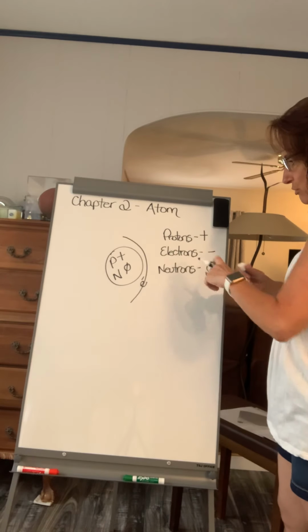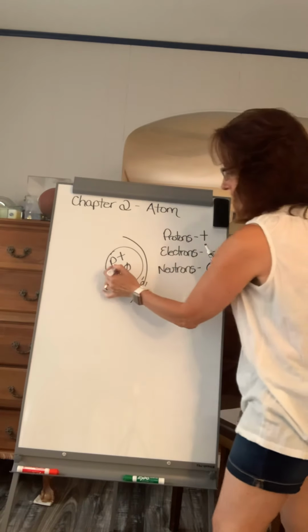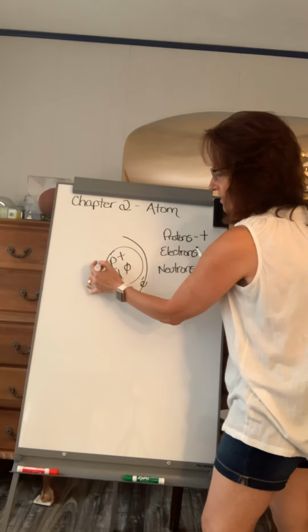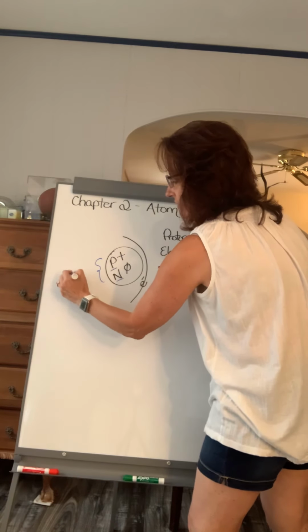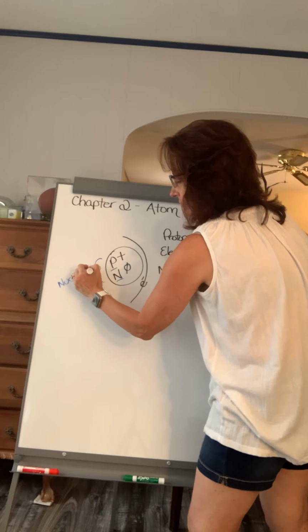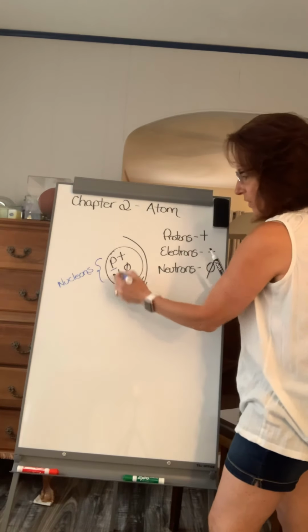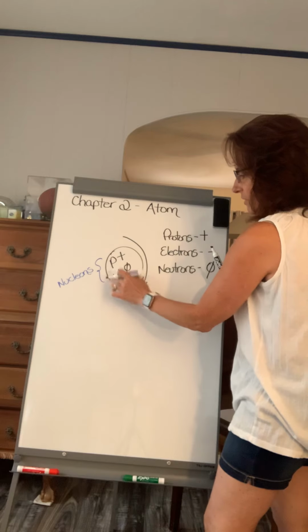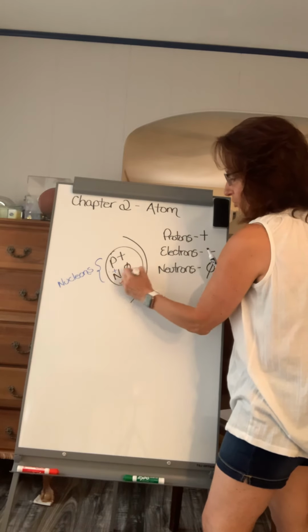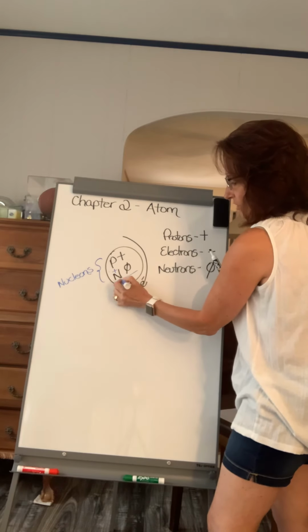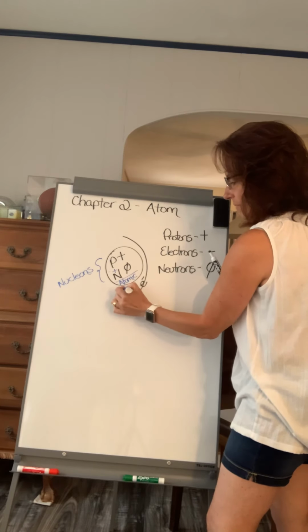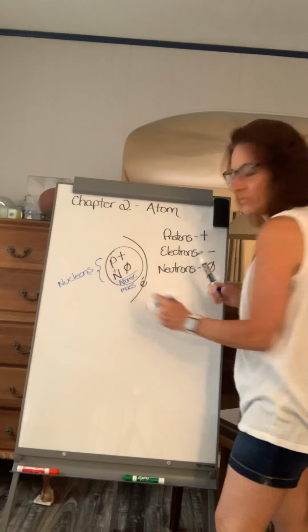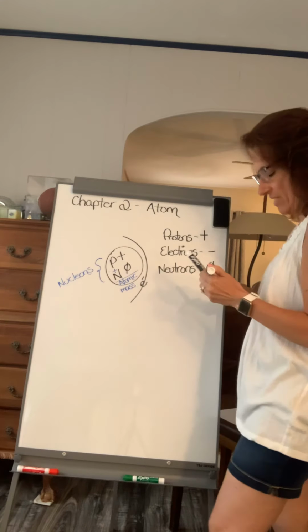And we find the protons and the neutrons in the nucleus, and those are usually referred to as nucleons. And when you add the protons and the neutrons together, that gives you your atomic mass. Okay, so that gives you the weight of that atom.